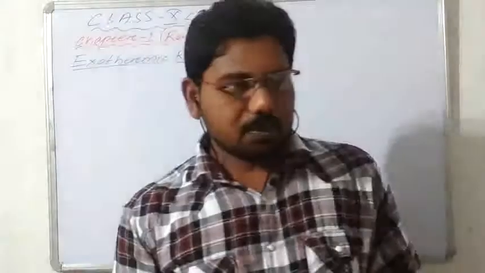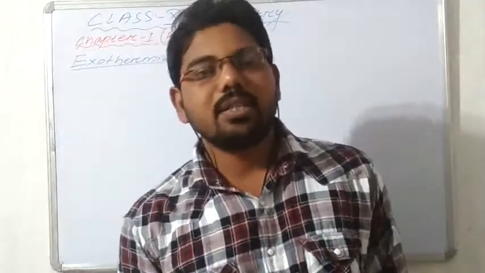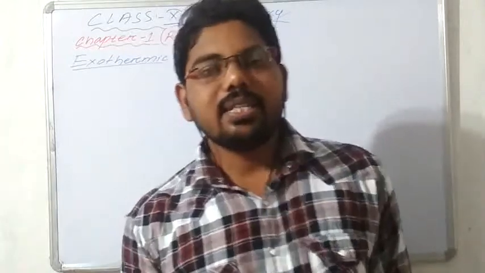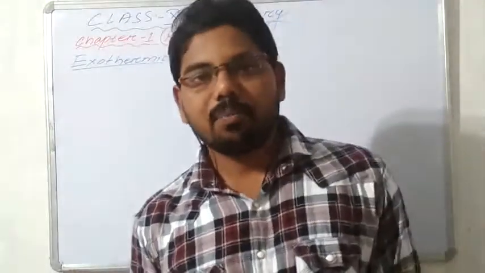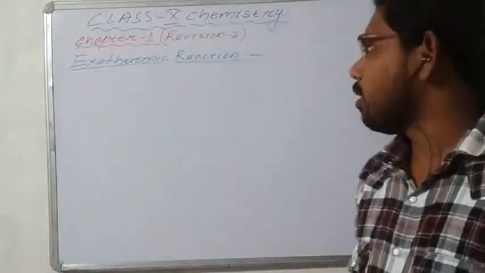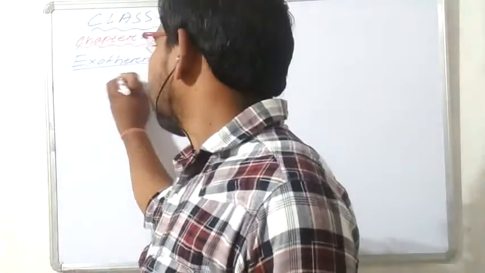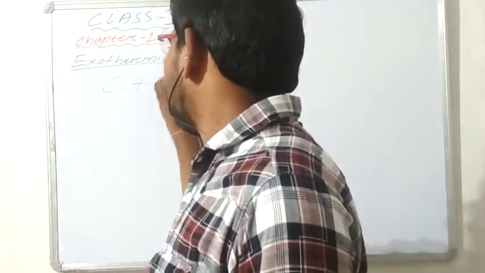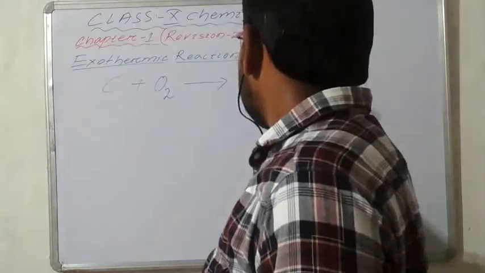So what are exothermic reactions? The chemical reaction in which heat energy is evolved or released is called an exothermic reaction. We have discussed one example of exothermic reactions, that is C plus O2 to form CO2 plus heat energy.